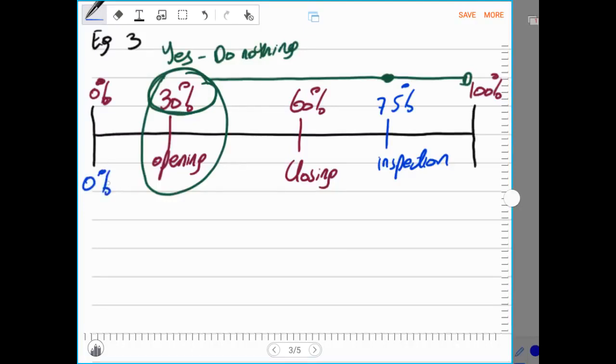From 0%, the closing moved and stopped at the end of the period. Did the closing stock pass the point of inspection? The answer is no. It stopped at 60%, which is before 75%. So if the answer is no, deduct the units that did not pass through the point of inspection. Therefore, we are deducting in this case.